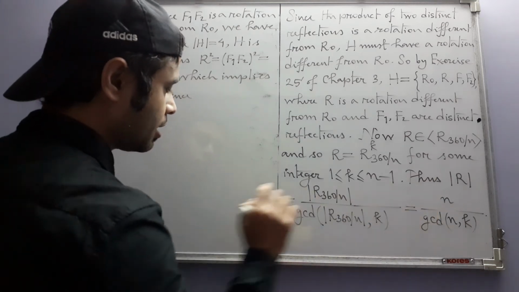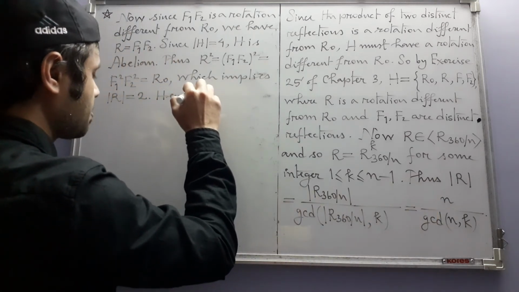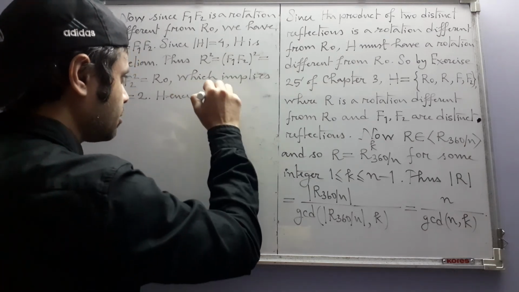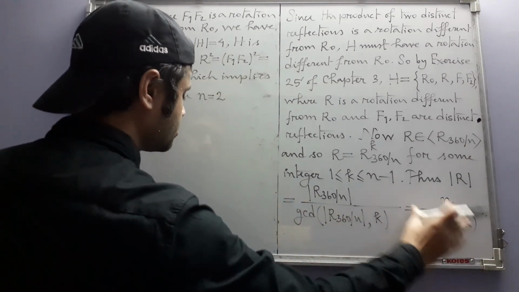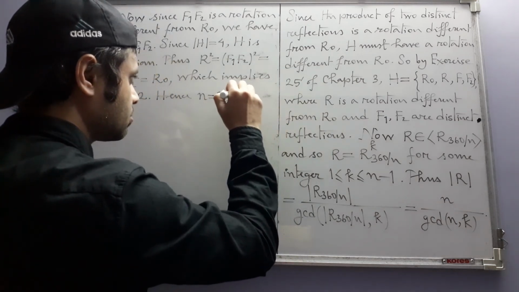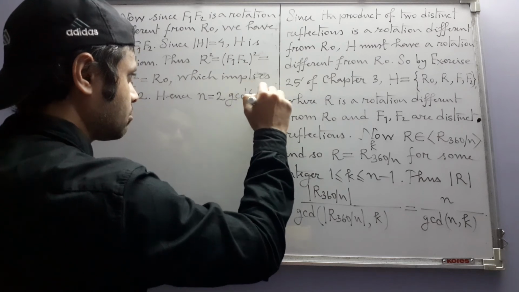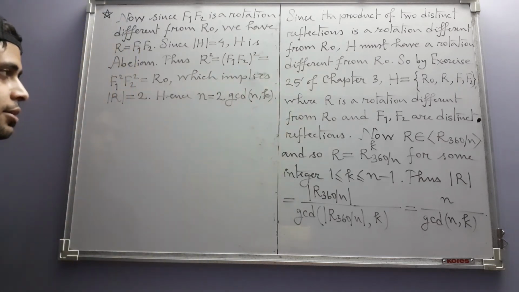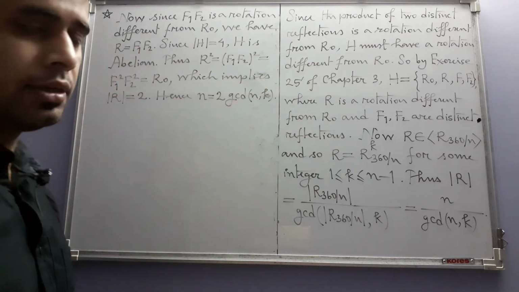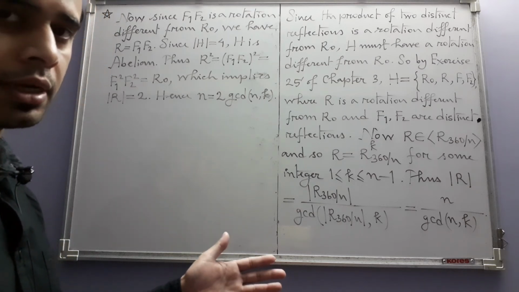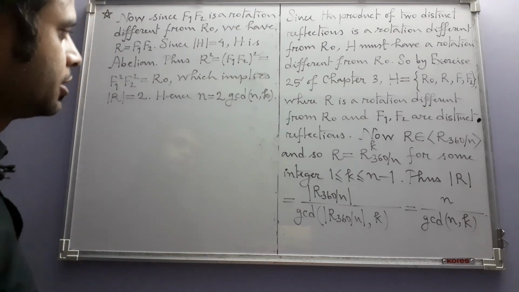From this last equation, n equals the order of R, which is 2 times GCD of this. And this last equation tells us that n is an even integer. It is, however, given that n is odd, so that is a contradiction.